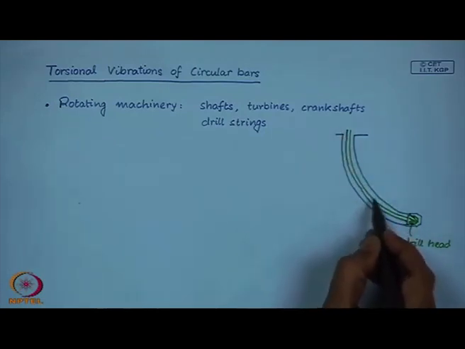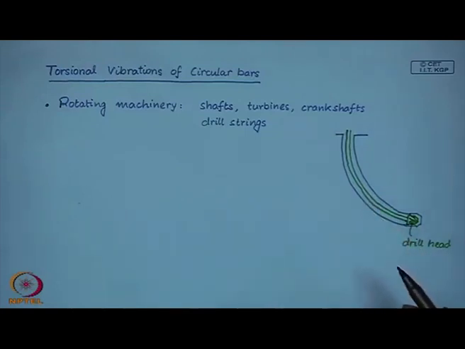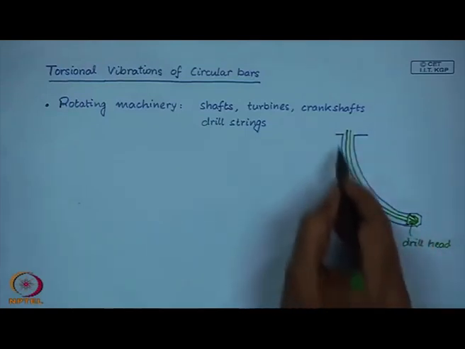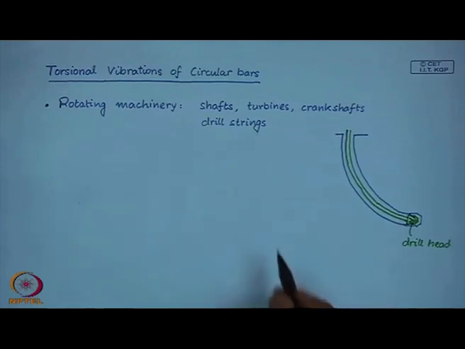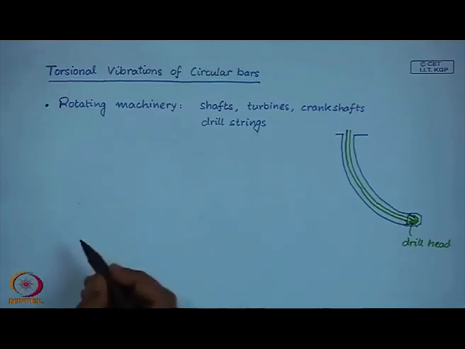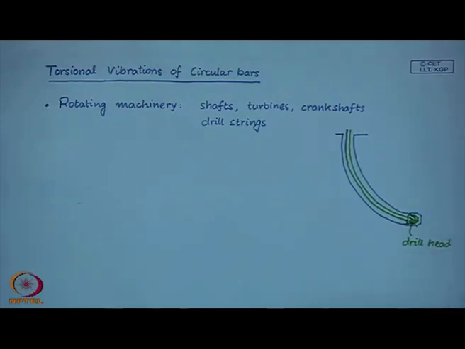It also has some amount of transverse vibrations, but the torsional vibrations are quite dominant in such situations. These are called drill strings. So, in such situations you find shafts or circular bars in torsional vibrations.